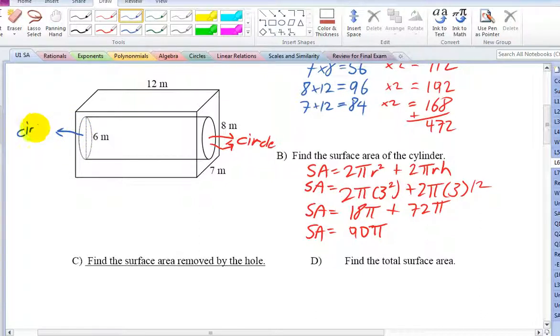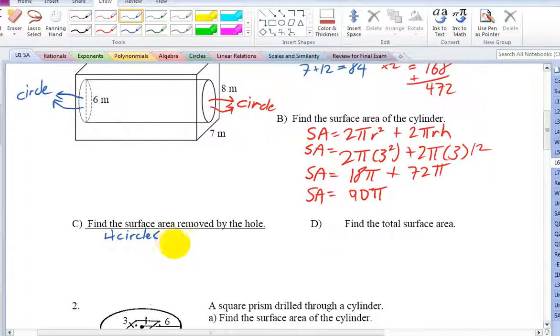Circle. And in order to go through the rectangular prism, what would you need to take off? Another circle. So altogether, what shapes were removed? 4 circles. Okay. So find it. Area 4 pi r squared. Right? 4 circles would be 4 times a circle.